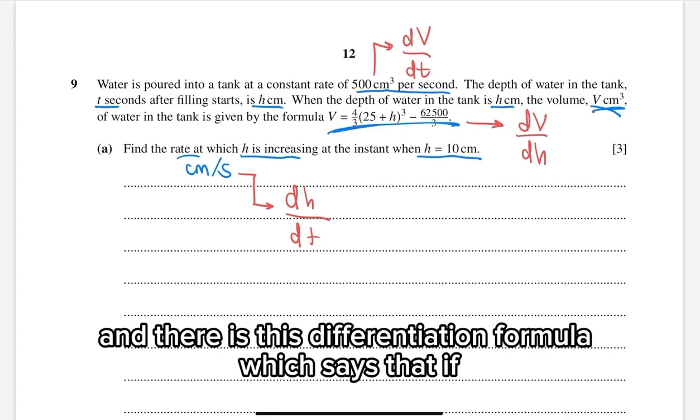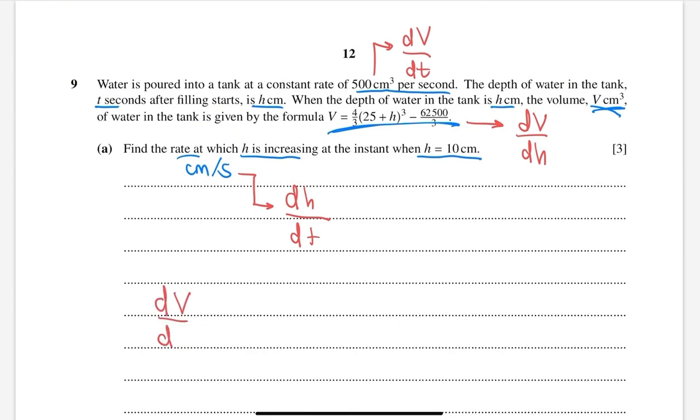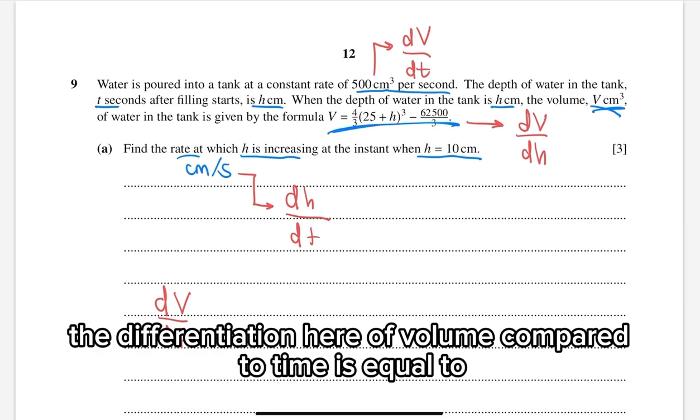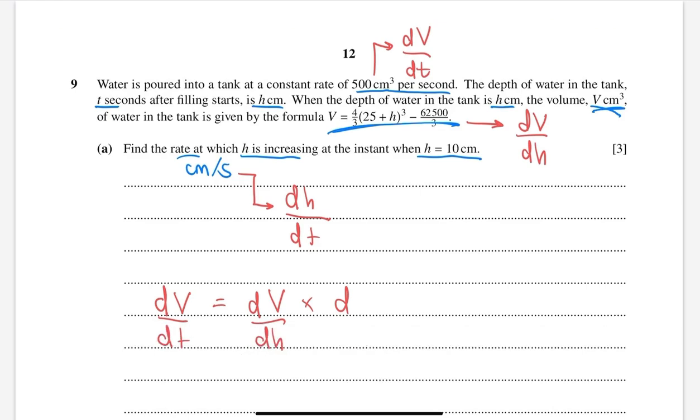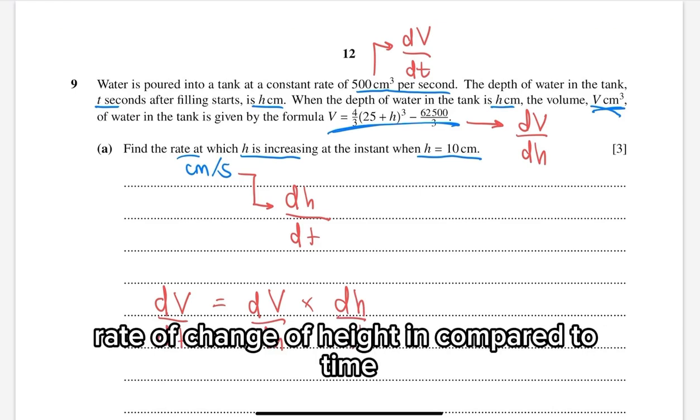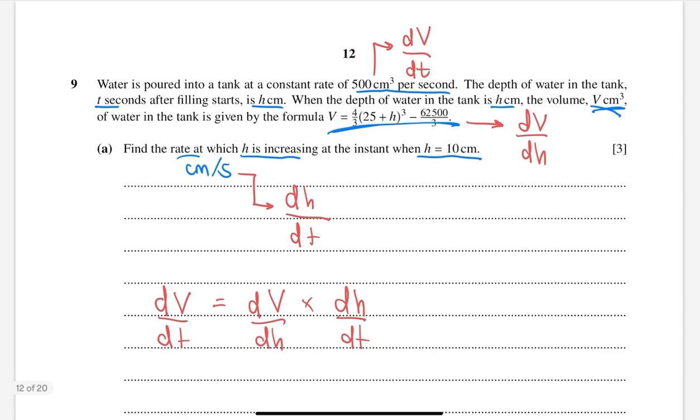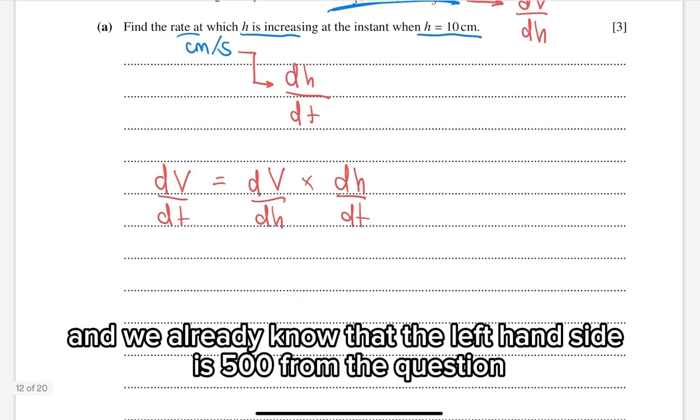There is a differentiation formula which says that dV/dt is equal to dV/dh multiplied by dh/dt.